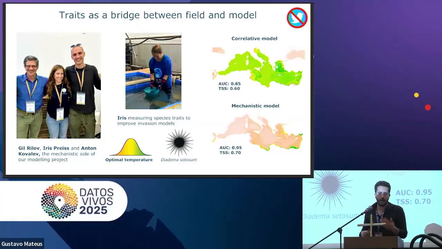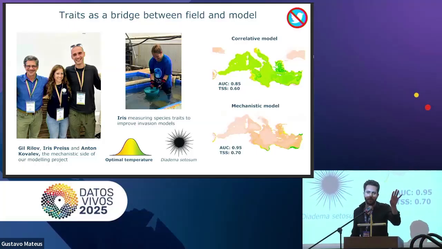We ran classical SDMs, like 10 different algorithms, an ensemble forecast in the end, choosing the threshold and all these things. Then we ran the models for the native region of these clades, and then we tested with the data from the invasive range. So this data from the Mediterranean was not put into the model. And I was a bit frustrated because those models never work, and it worked amazingly. I was like, okay, this time it works well.